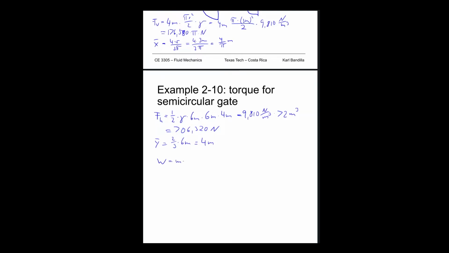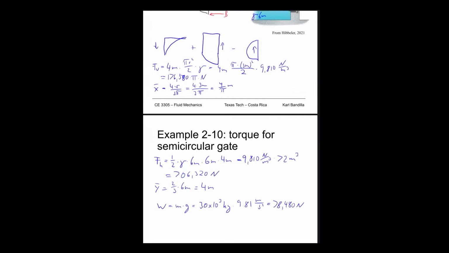W is, of course, M times G. So it's 30 megagrams, so 30 times 10 to the 3 kilograms times 9.81 meters per second squared. And that gives us 78,480 newtons.